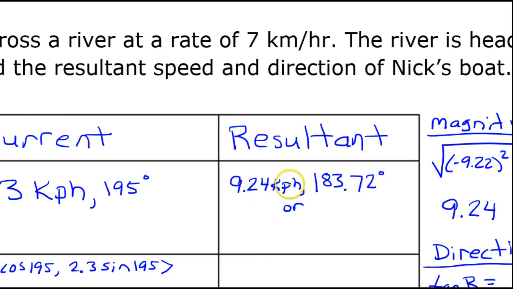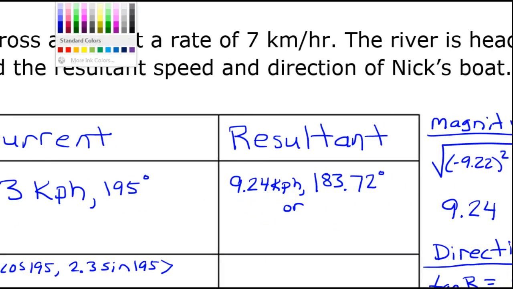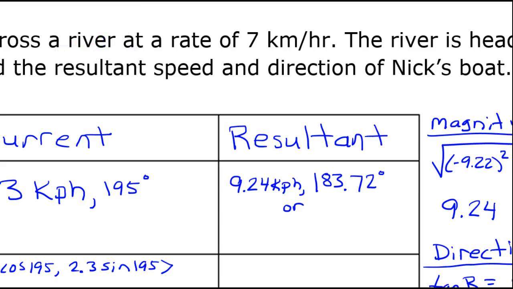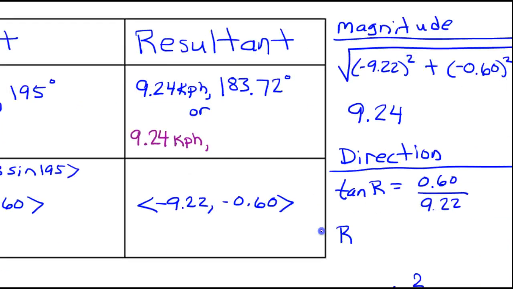Okay, so I'm going to rewrite this answer, making that change to the direction. The magnitude's not going to change, so I'm going to write 9.24 kilometers per hour. Now let's take a second look at the direction.